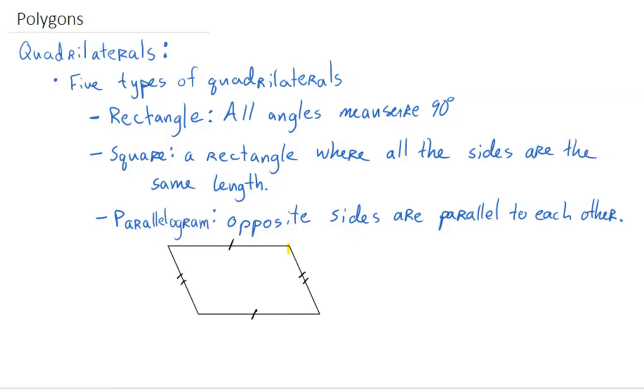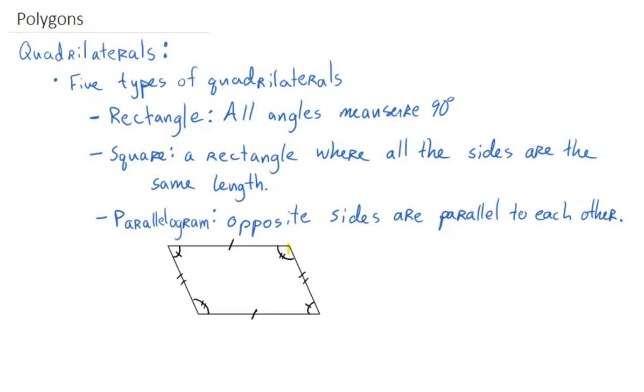We can do something similar with angles, so I can put a little swoop in for that angle and a couple tick marks, and swoop this angle, a couple tick marks, and for the smaller angles I can use 1 tick mark, and that's saying those opposite angles are equal in measurement. So if all of that is true, it forces the sides to be parallel. So that's a way of saying, hey, these are parallel.